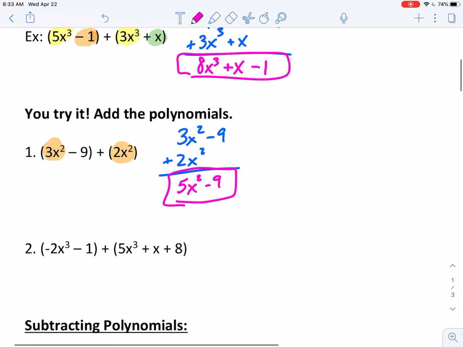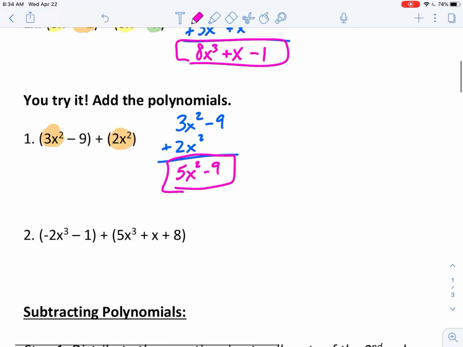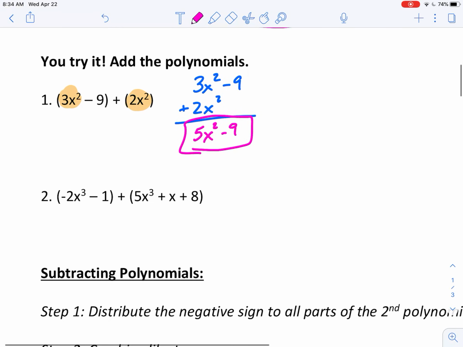And when I combine my like terms, 3 plus 2 gets me 5x squared, minus 9. That's my final answer. So I'd like you guys to pause the video here, try number 2.